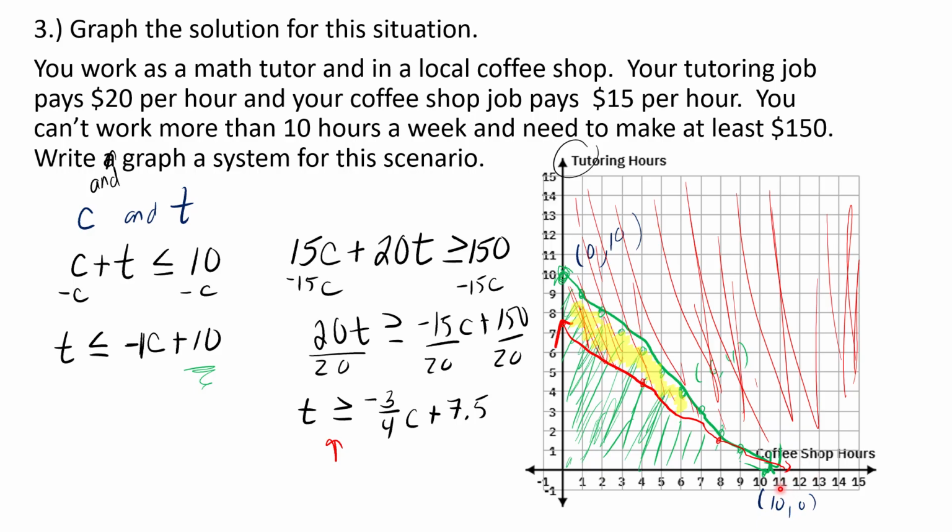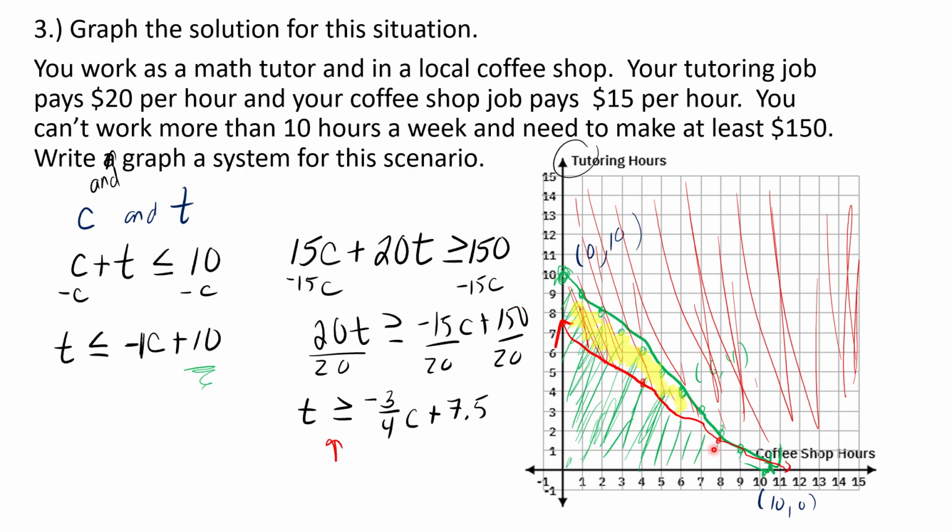If we extended it backwards here, you'd have some area that wasn't shaded at all. And that would mean that you'd be over the amount of hours that you needed to work and also under the amount of money. I don't think that's super feasible here because of where those lines are intersecting, but in theory, there's a section of the grid that's not shaded at all.